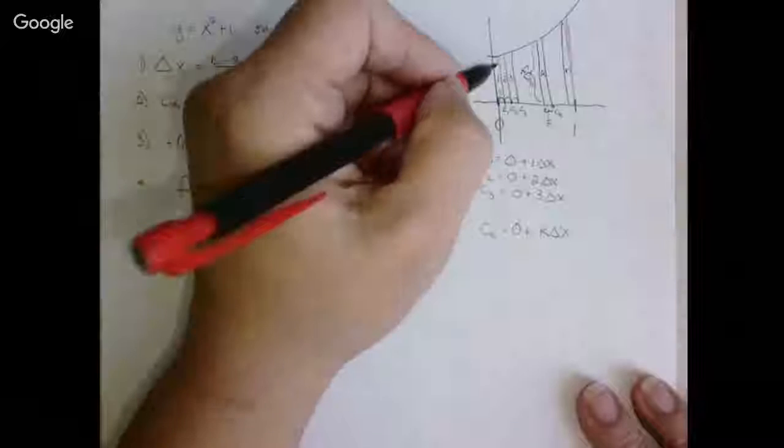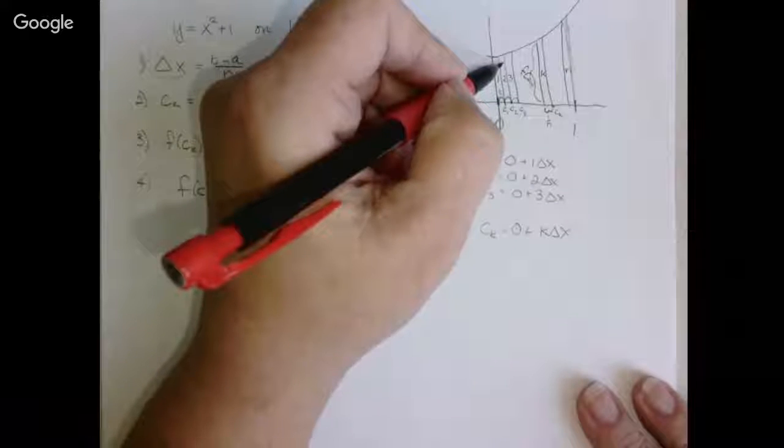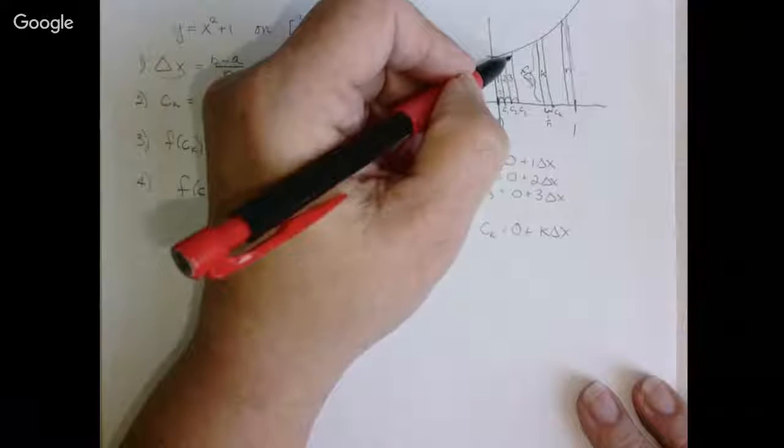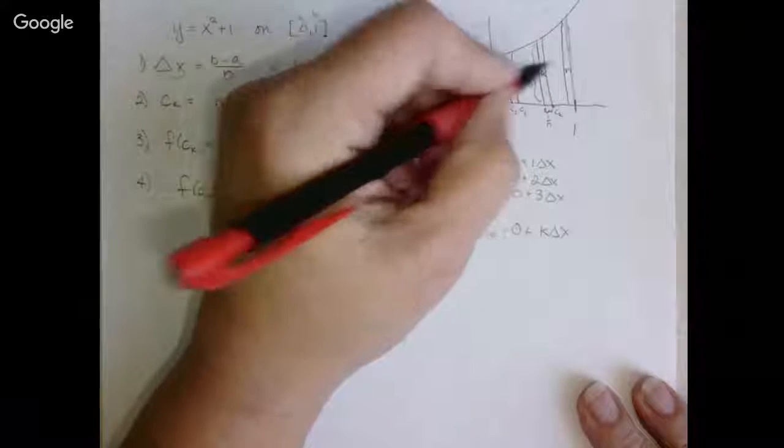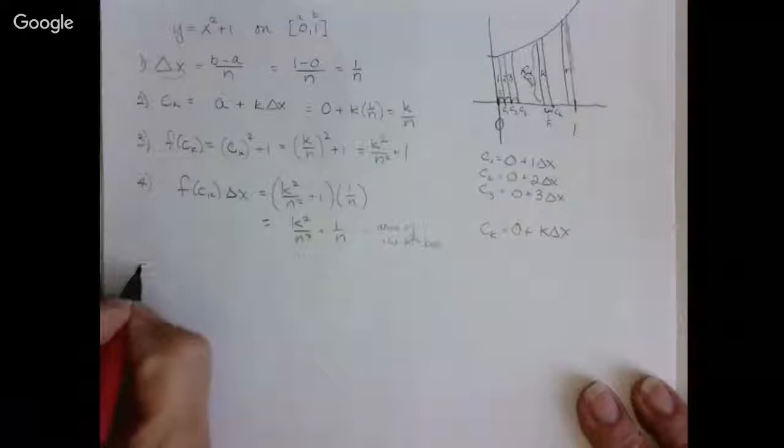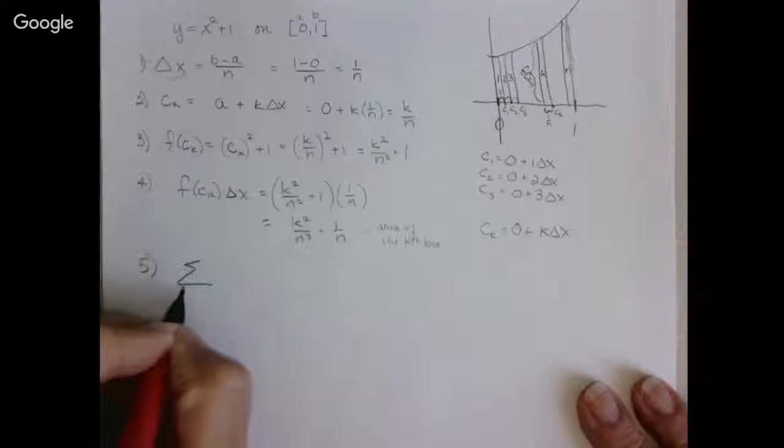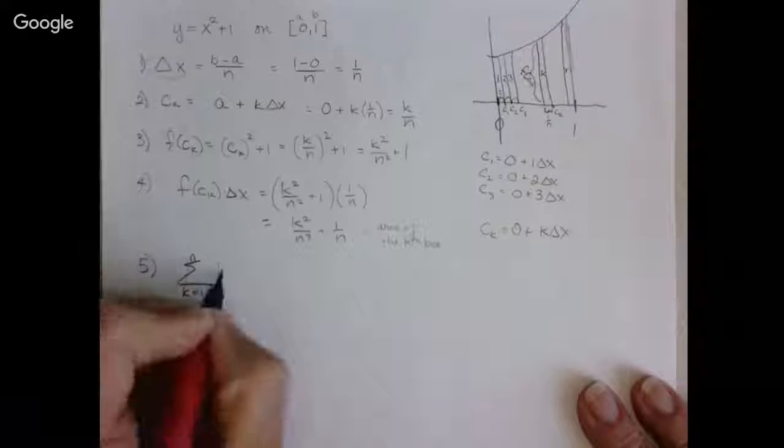Okay, now I want to add up the area of box number 1 plus the area of box number 2 plus the area of box number 3, plus all the areas of all the little rectangles. And so I use summation notation to do that.